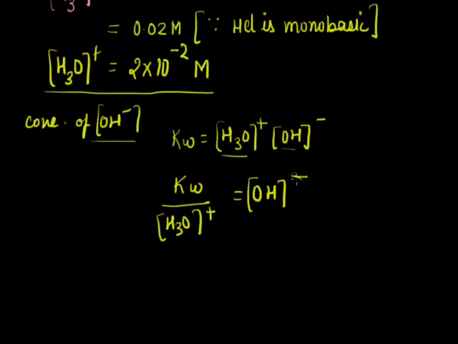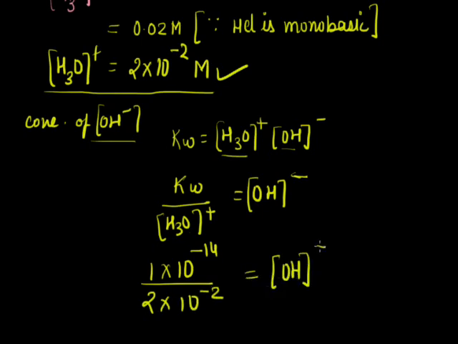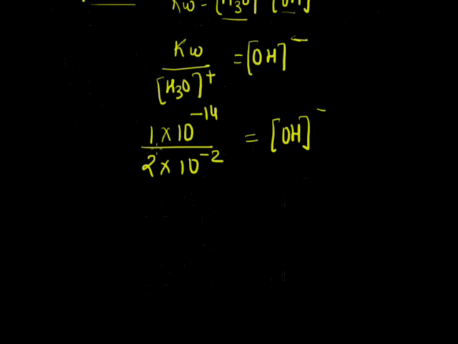We know that the value of Kw is 1 into 10 to the power minus 14 and the concentration of H3O plus is obtained from above: 2 into 10 to the power minus 2. When we solve this, 1 by 2 is 0.5, so 0.5 into 10 to the power minus 14 divided by 10 to the power minus 2 is 10 to the power minus 12, which is OH minus.